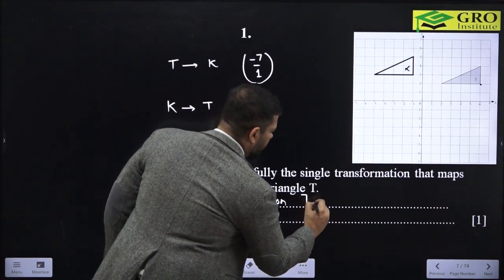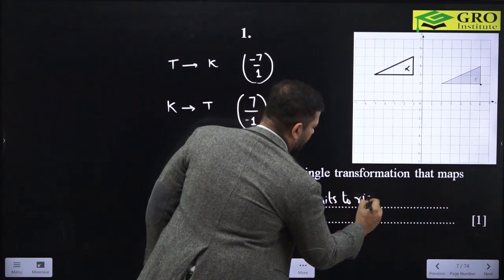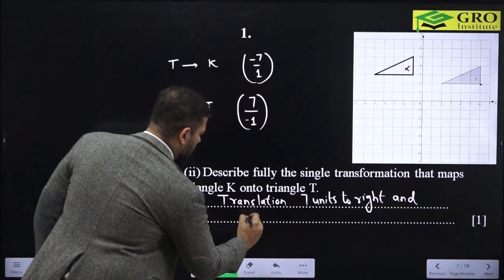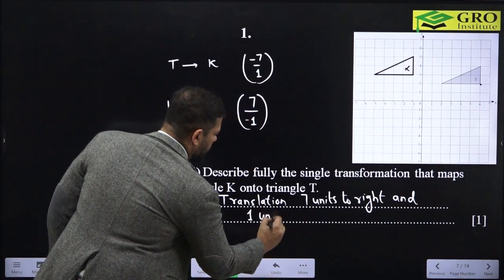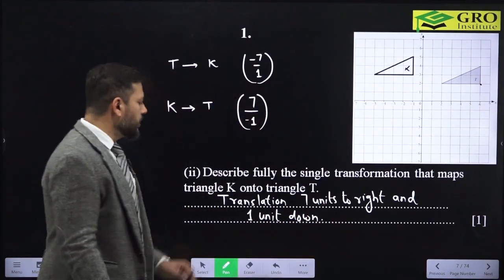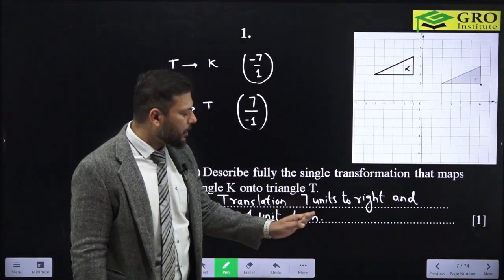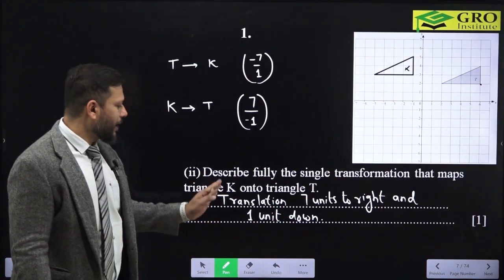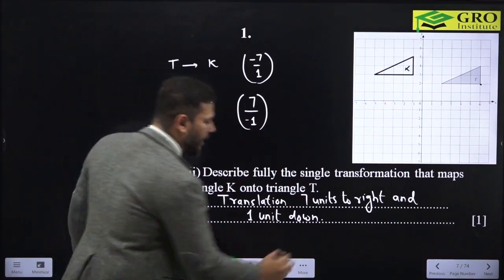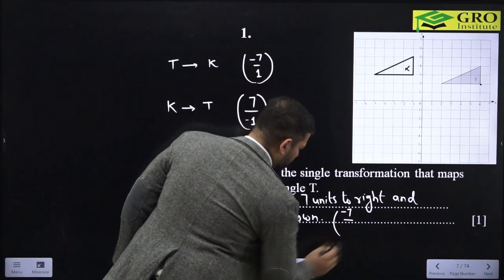translation 7 units to right and 1 unit down. This is the full description of the single transformation that maps triangle K onto triangle T. If you write it like this, or if in brackets you mention the column vector, that will also do.